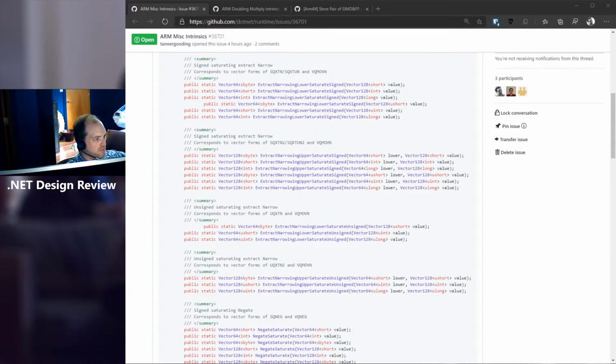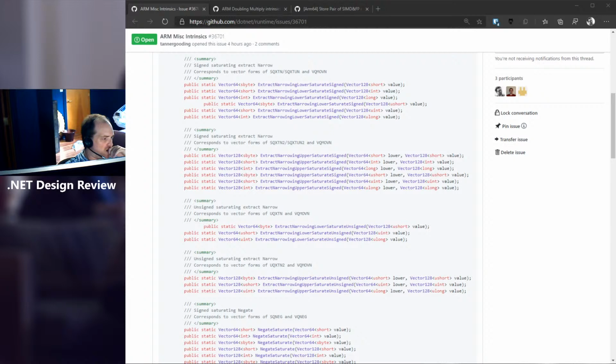SQXTUN takes a signed integer value and saturates the value to an unsigned integer. The shifting instructions have a similar concept. Basically, there is signed to signed, unsigned to unsigned, and signed to unsigned.